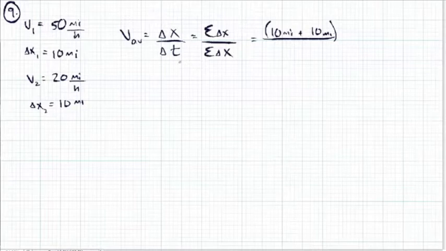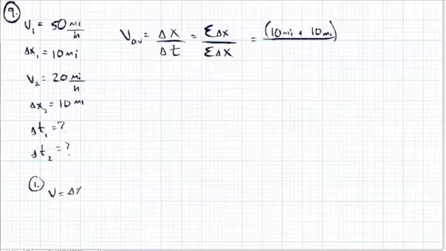But we don't know the time spent in each segment. But we can calculate that. We don't know time 1. We don't know time 2. But since time and velocity and displacement are all related, for 1 right here, since velocity is delta x over time, we can say that time is our displacement divided by our velocity.